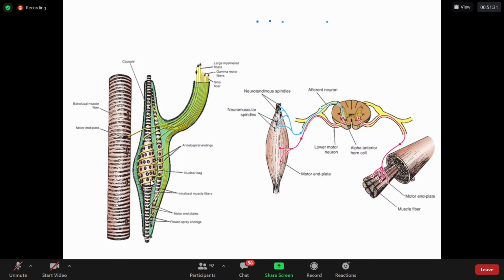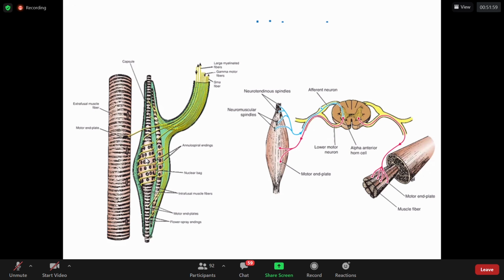আচ্ছা, তাহলে দেখো, এই দেখো তাহলে কি বলছি, bag fibers and chain fibers are stimulated by gamma motor fibers, and alpha motor fibers stimulate the extrafusal fibers, right? Now there are some sensory fibers from here. One is called annulospiral, another called flower spray endings.